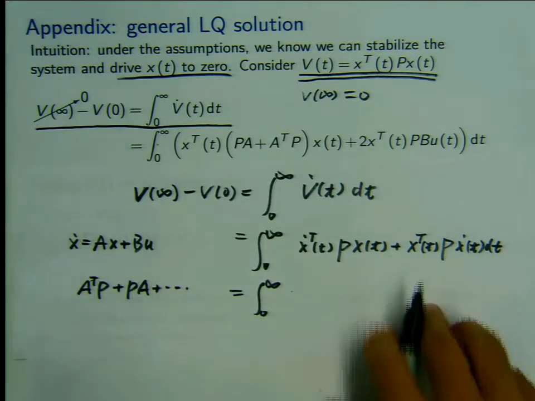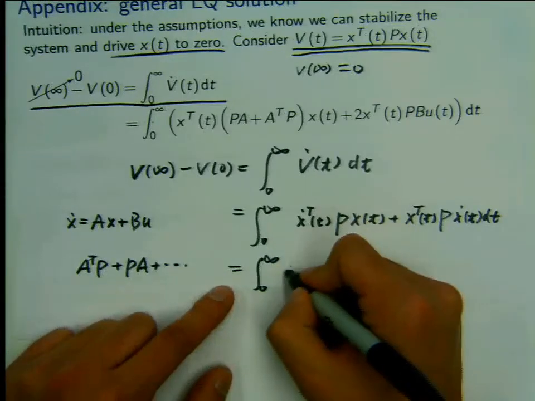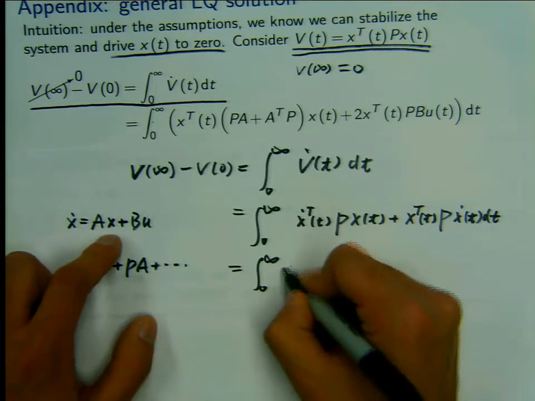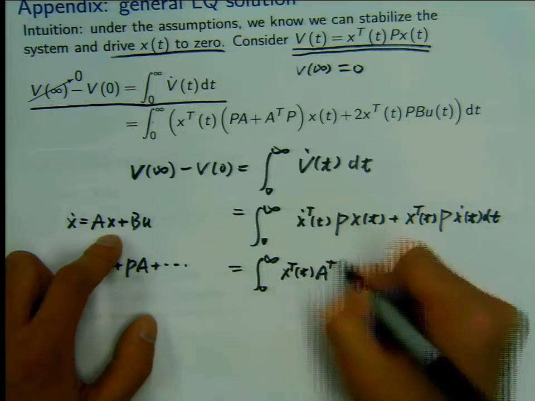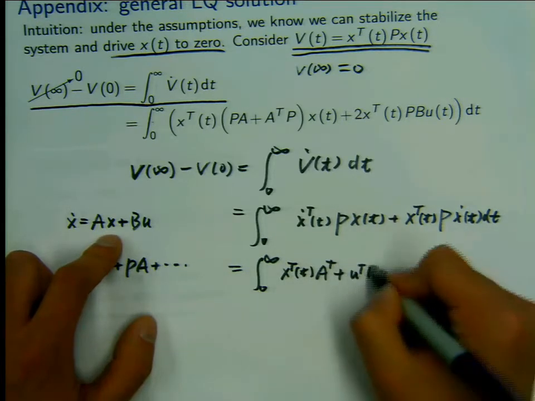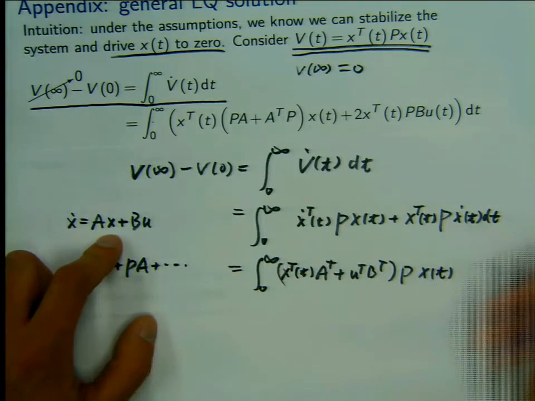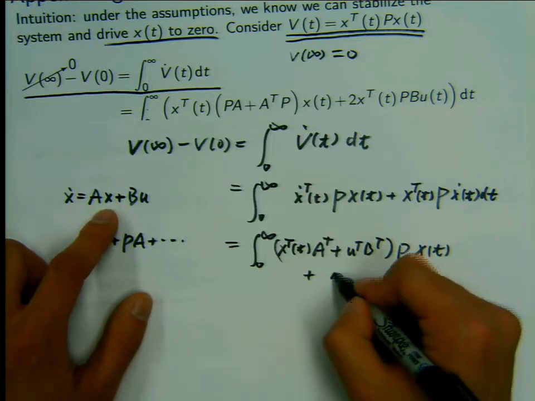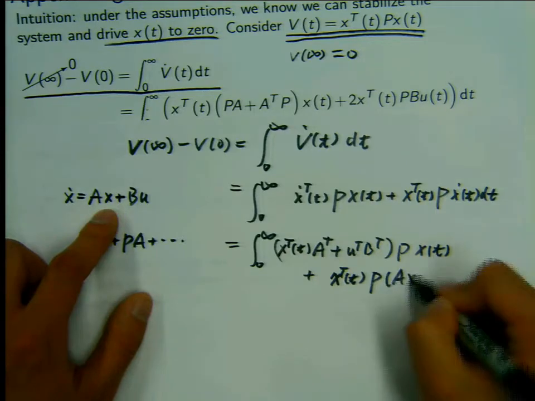So from here, you'll very soon see the Riccati equation appear. So let me complete the writing here. I'm going to have x transpose t, A transpose plus u transpose B transpose, P x plus x transpose t P times (Ax plus Bu) dt.